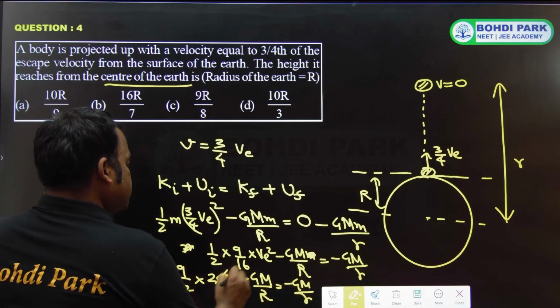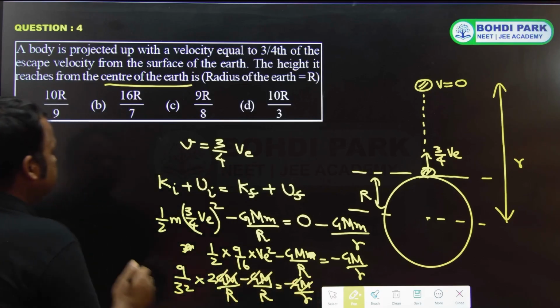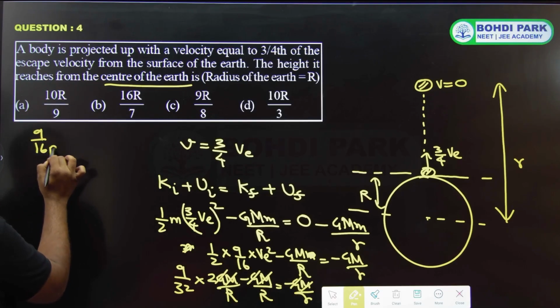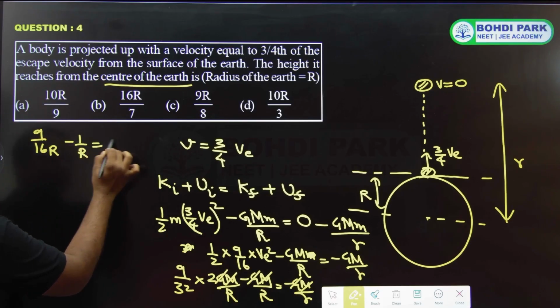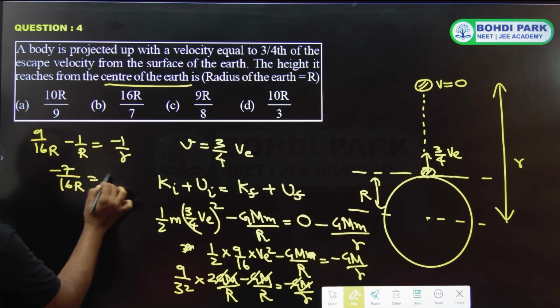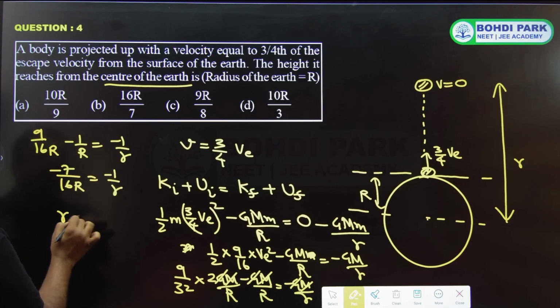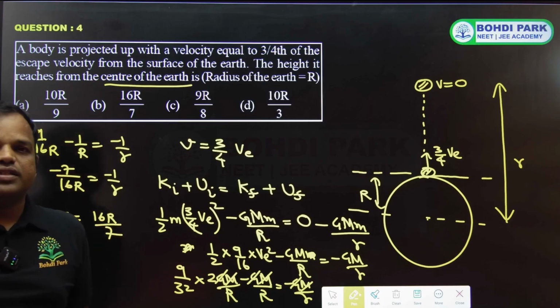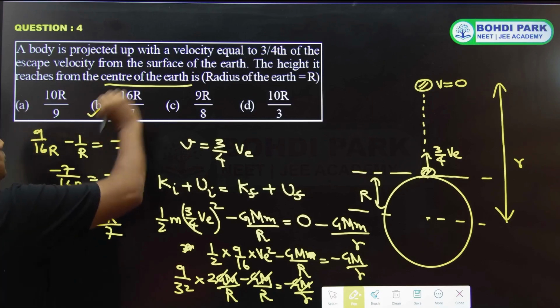So this GM cancels. So we get 9 by 16 R minus 1 by R is equal to minus 1 by small r, or minus 7 by 16 R is equal to minus 1 by small r, or small r is equal to 16 R by 7, distance from center. So B option.